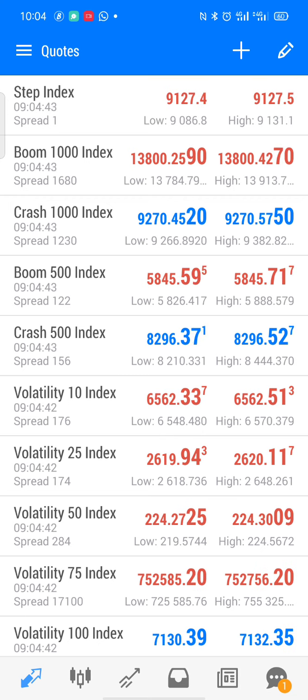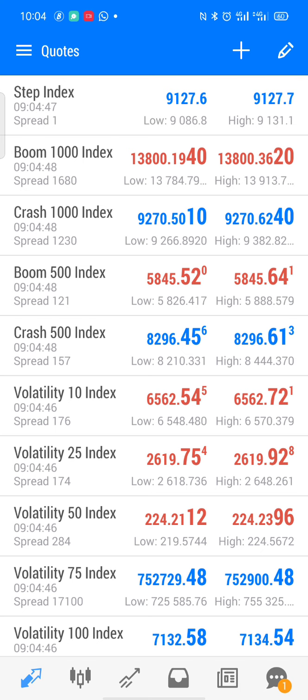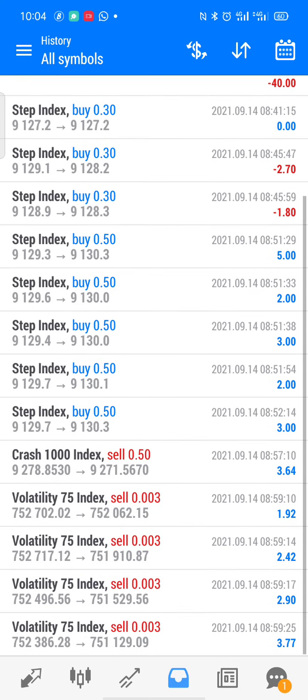So right now I just showed you my crash and boom strategy and the way I scalp Step Index and Volatility 75 Index. So the scalping, guys, I feel it's based on practice. When you get a perfect entry, you see some candle patterns that indicate either a reversal or a continuity in the trend, or after a little pullback, you can execute your trade, make some profit, and get off.